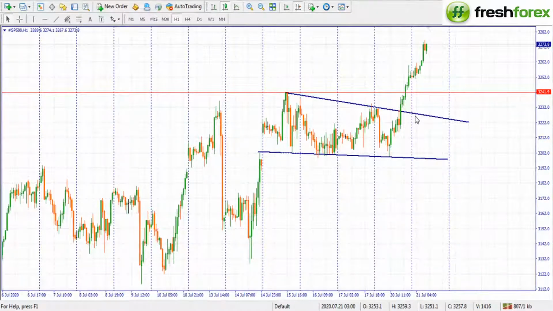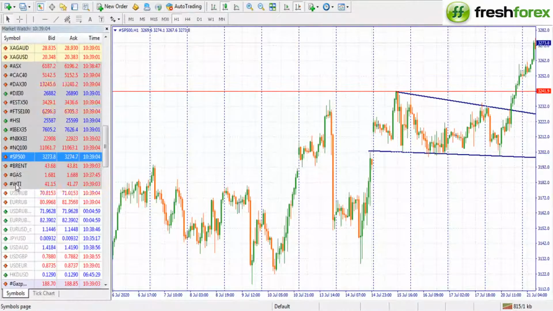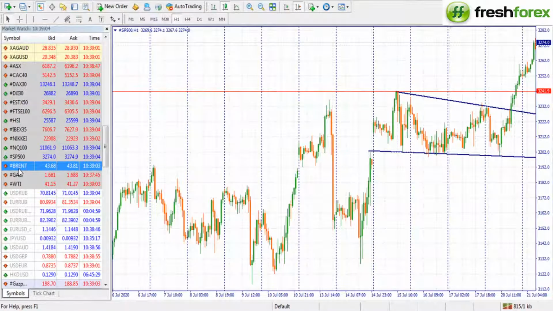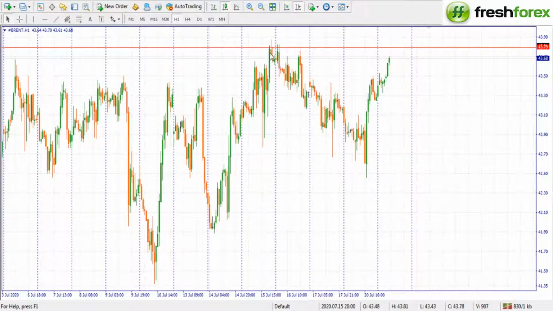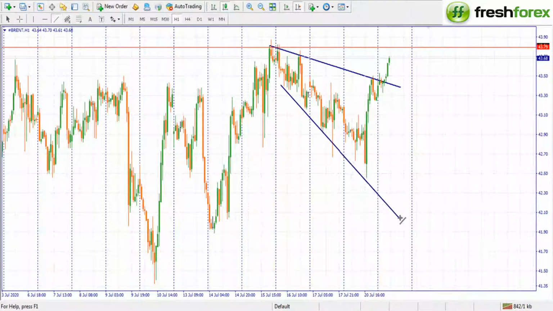So the next chart we'll look at is Brent oil. So far we have a resistance here. This is the shape here, and then you have a line from the bottom.